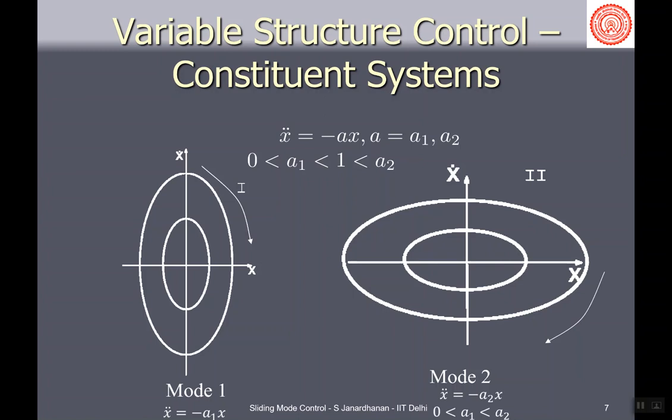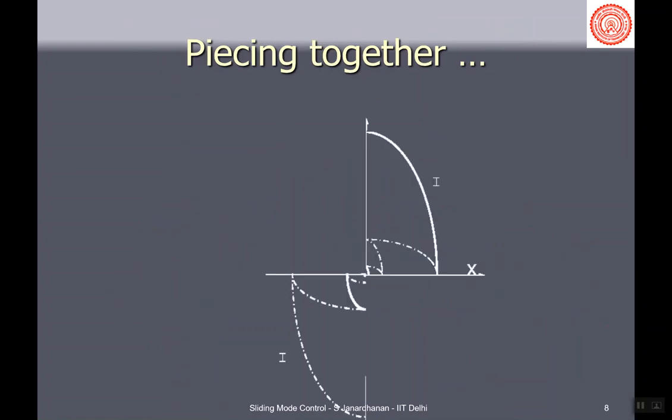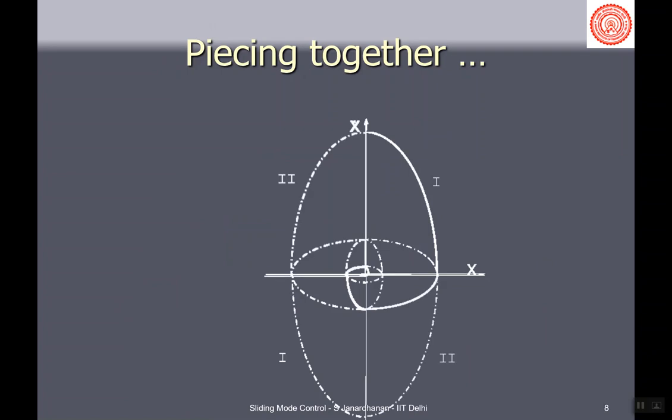But what we're interested in is combining both of them. We will use a1, that is mode 1, in some regions and mode 2 in other regions. Mode 1 in the first and third quadrants, and mode 2 in the second and fourth quadrants.